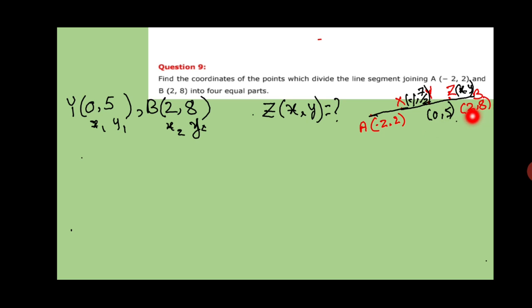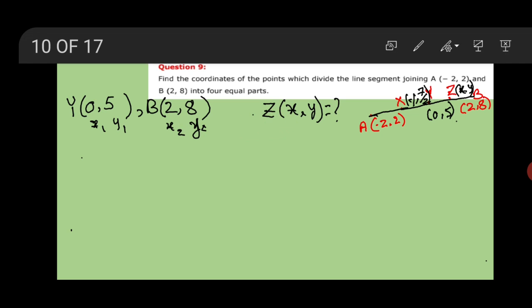Now we know the coordinates of y already found, (0, 5), and coordinates of B is given, (2, 8). So we can find the coordinates of z with the help of the midpoint formula. Here I wrote the coordinates of y and B, and so we have to find the coordinates of z.